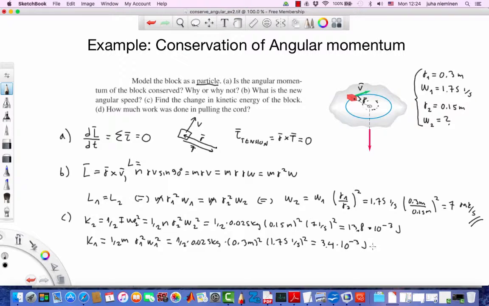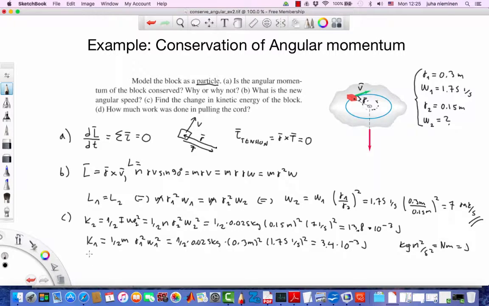And how do we get joules? Let's check those units. We have a kg, then we have a meter squared, and 1 over second squared. So we recognize this as newtons times meter, which is same as joules. So we're good with that.